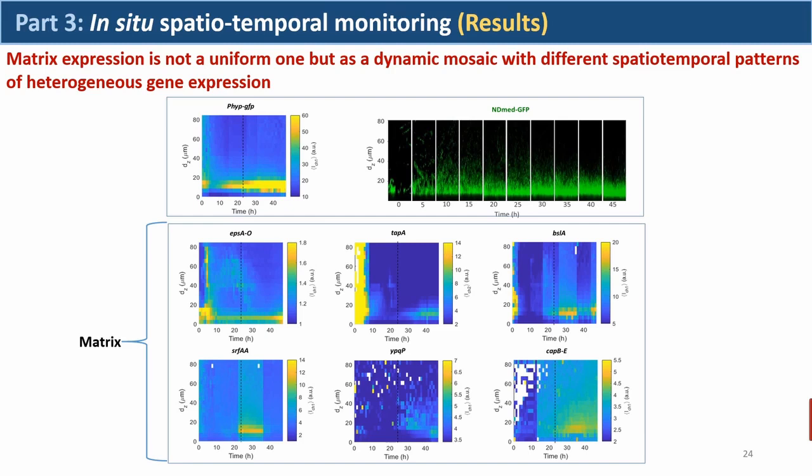For example, EPS and TapA are mainly expressed at the beginning, BslA and Srf seem to be intermediate, in a transient phase, and YpqP and CAP, for example, are late matrix-produced genes.